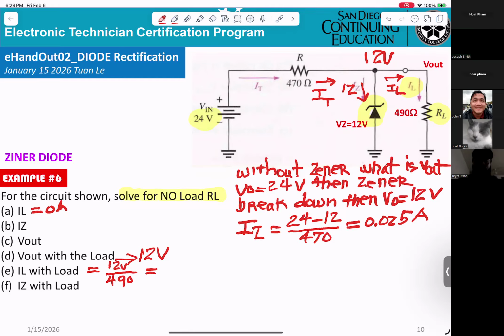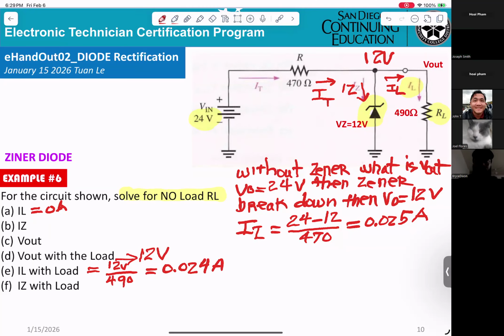Okay, 12 divided by 490 is 0.024 ampere.